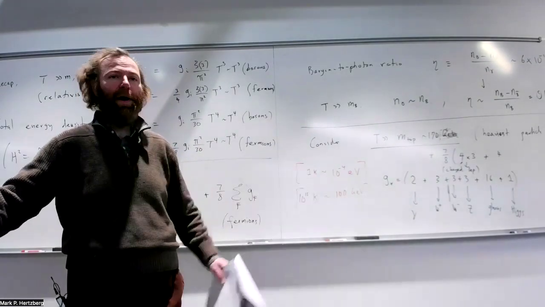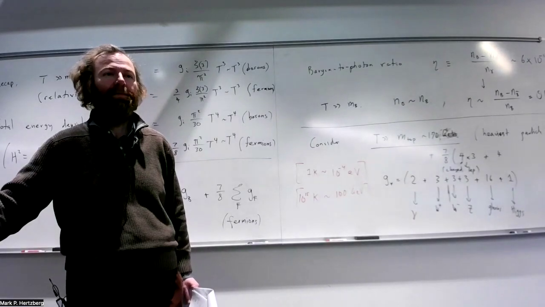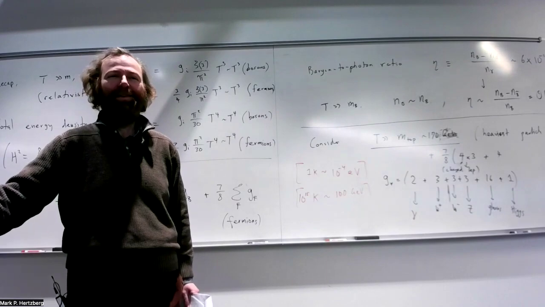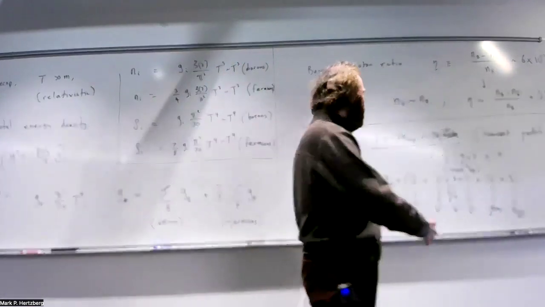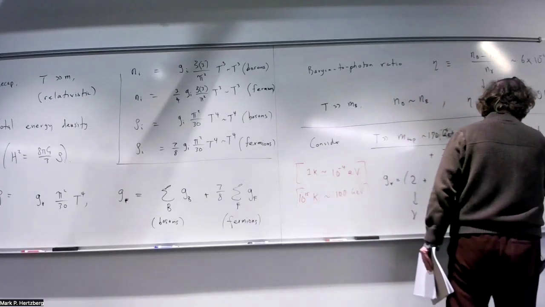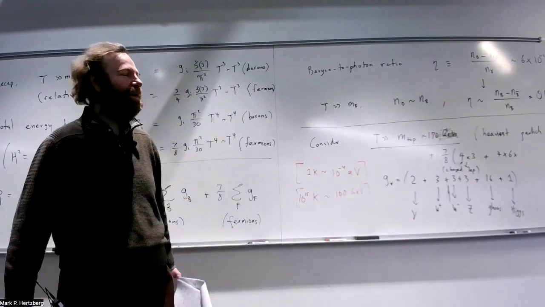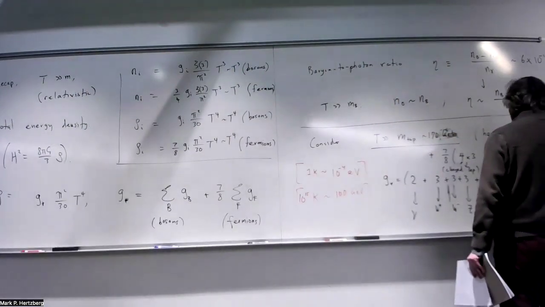How many types of quarks, how many flavors of quarks are there? 6: up, down, strange, charm, top, bottom. So we put a 6 here. And then there was another factor we mentioned last time: 3 for color. So these are the quarks.